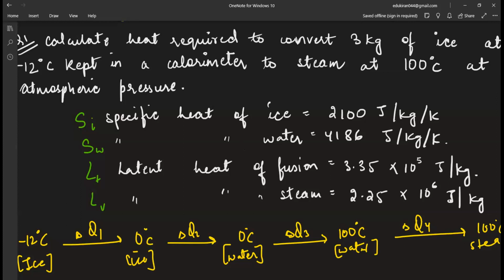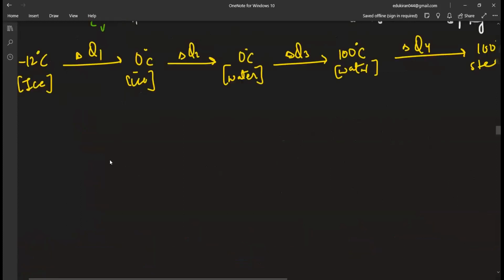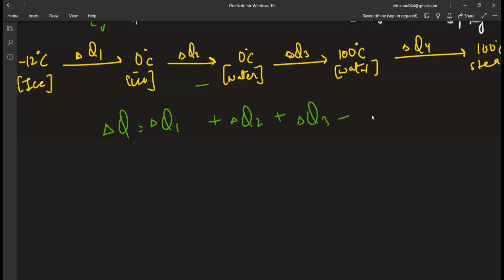Everything is mentioned. So in the first process, how will we write the answer? Total heat will be: first heat Q1, plus change in heat Q2, plus change in heat Q3, finally change in heat Q4.